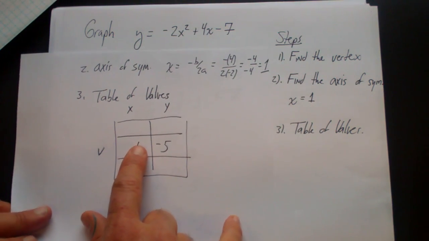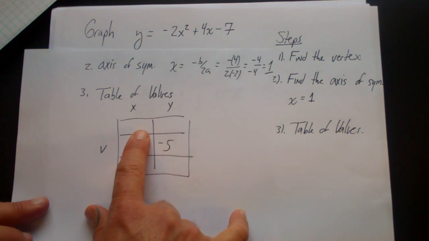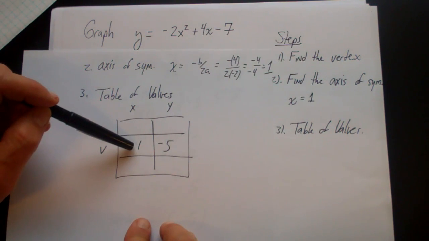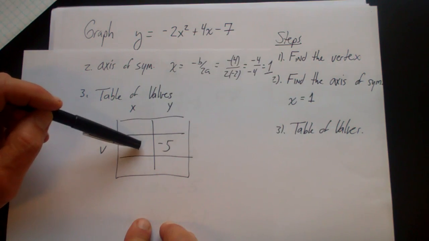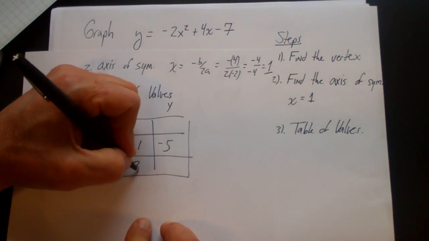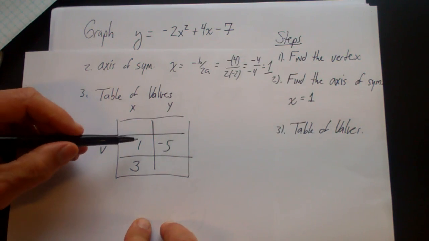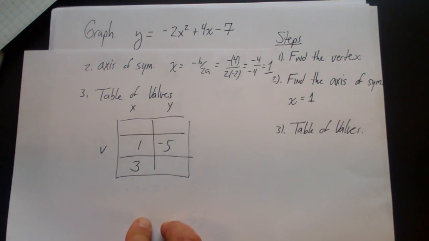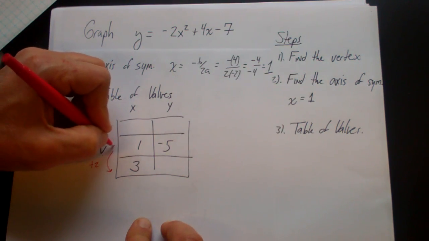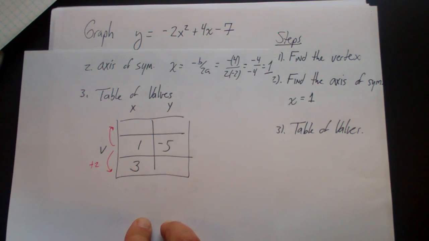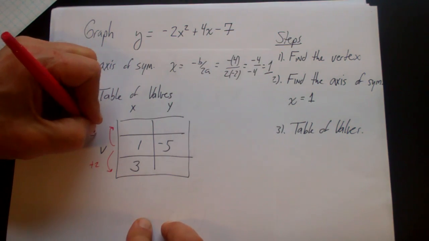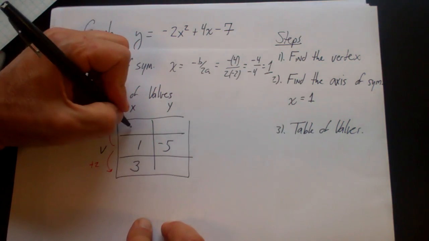Some people get confused over how to choose the table of values, and it turns out as long as you choose one number which is larger than the x value of the vertex and one number smaller, it's fine. So I chose 3. The distance from 1 to 3 is a positive 2, so to capture the advantages of symmetry, I'm going to go back the same distance. So I'm going to go negative 2, so that's going to be minus 1.